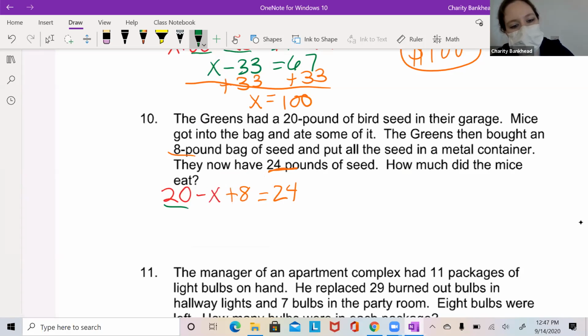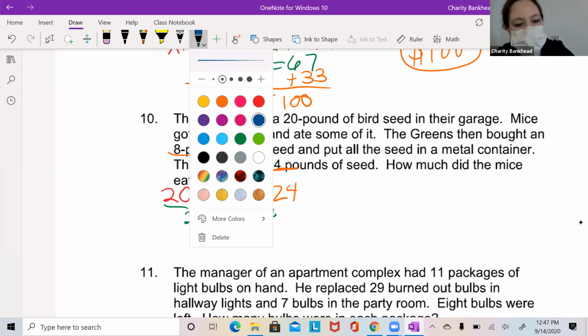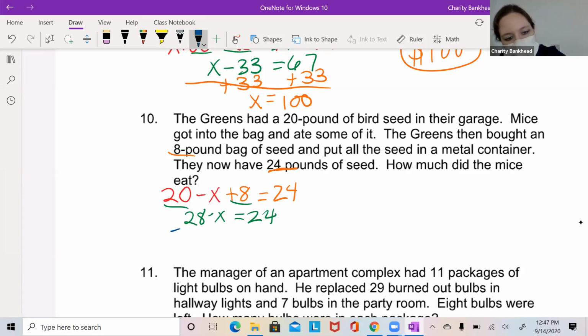So 20 plus 8, that would be 28. So we could say 28 minus X equals 24. And then we could subtract 28 from both sides. So that would be negative X equals negative 4.